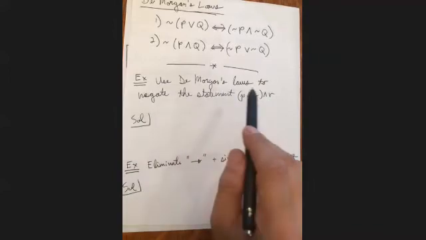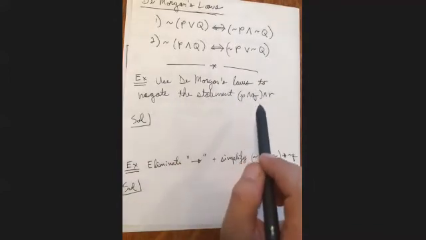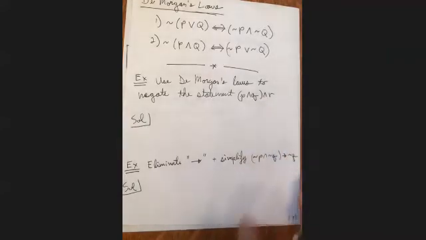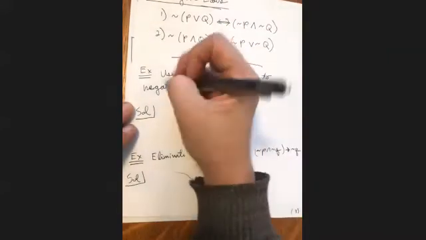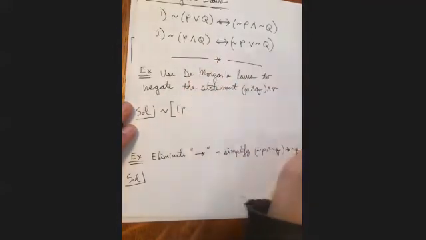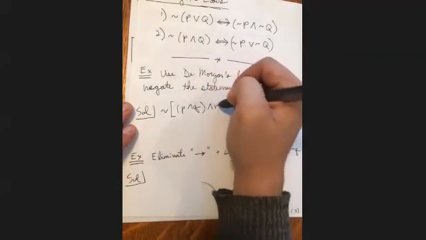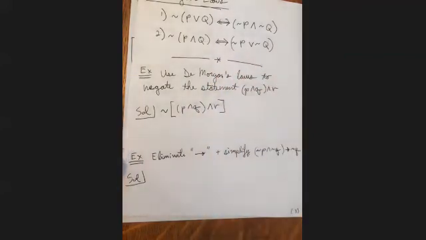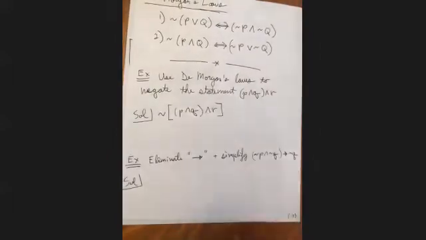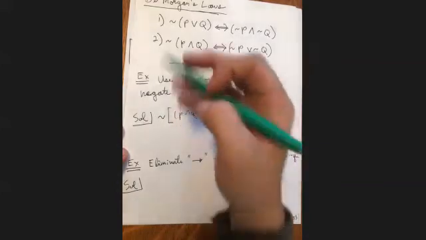So we're going to use De Morgan's laws to negate the statement P and Q, in parentheses, or R. Okay, so let's see how that works. So we're negating the statement P and Q or R. Just like what we did with the sets, what we're going to do is think about distributing this negation symbol.